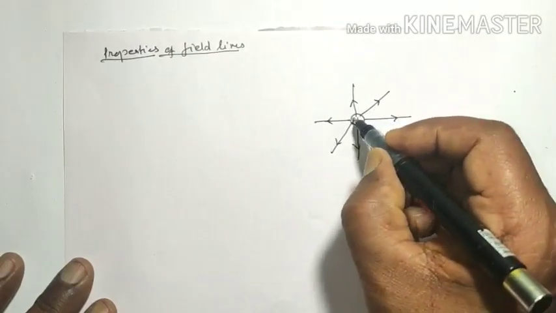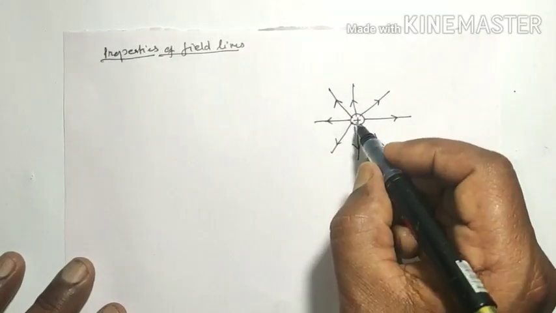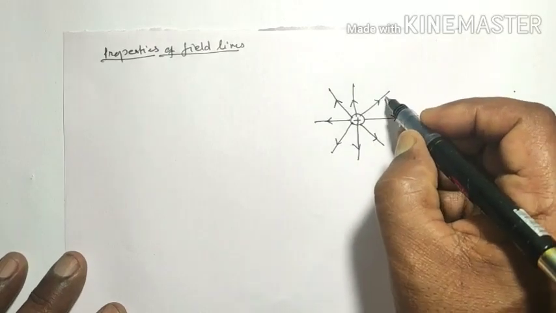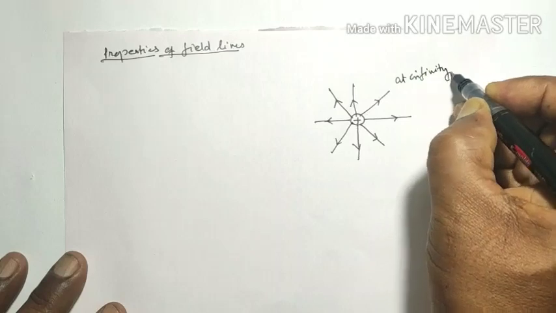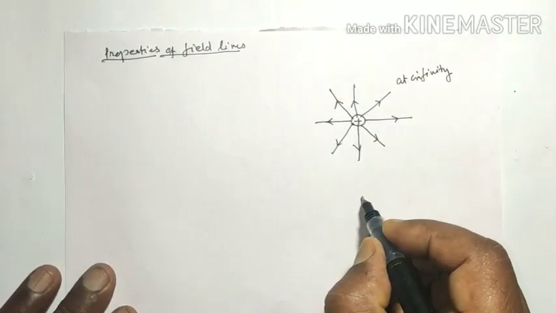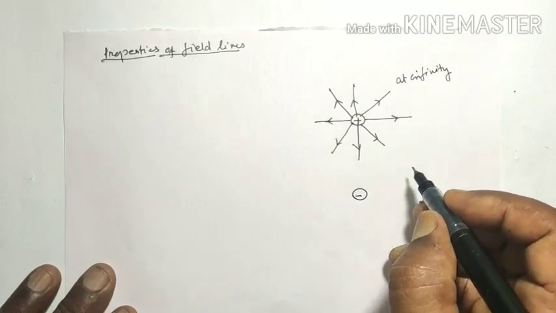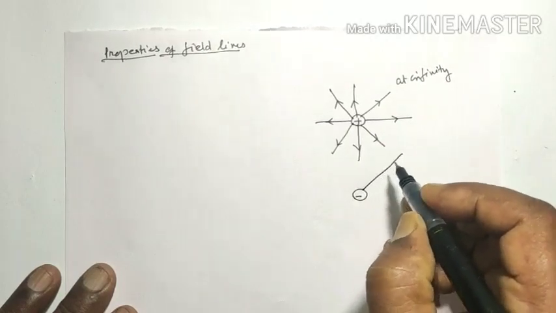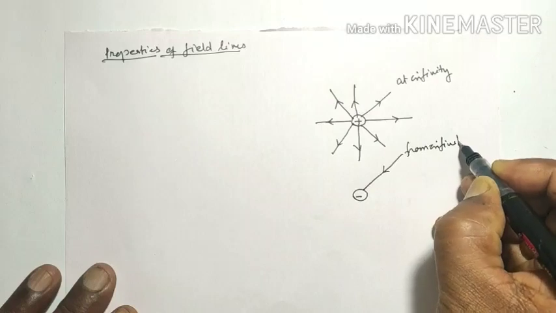From an isolated positive charge, the field lines are radially outward. If there is a single charge, then the field lines end at infinity. And in case of a single negative charge, the field lines start from infinity.